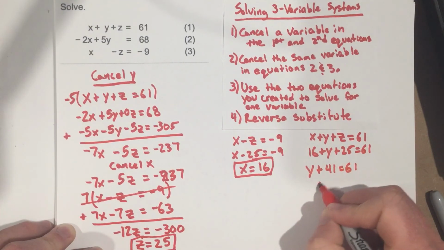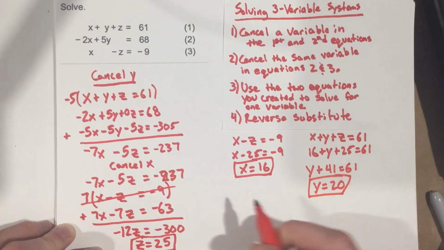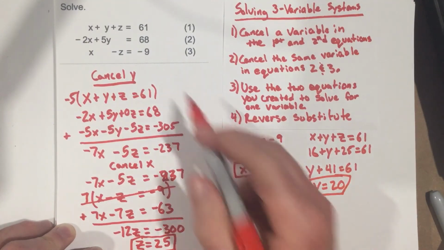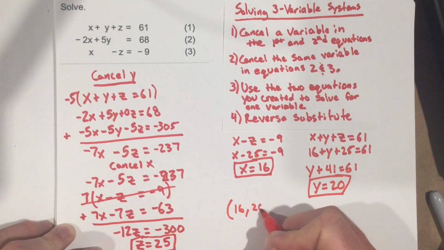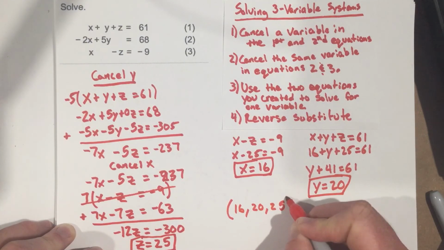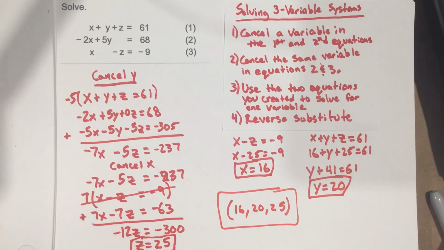Subtract the 41, you get y equals 20. So the coordinate that's a solution for this system is 16 for x, 20 for y, 25 for z. And that's how we solve a system of linear equations in 3 variables.